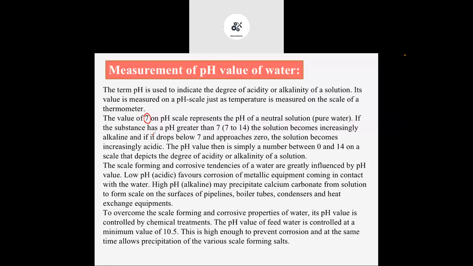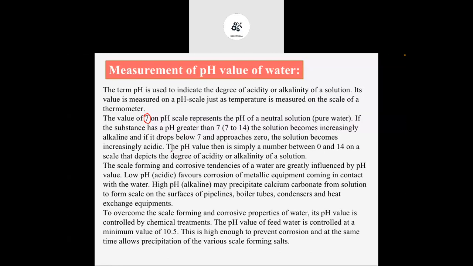If the pH value of a solution is between 7 and 14, greater than 7 and up to 14, we consider the solution alkaline. As the pH value increases from 7 to 14, the solution becomes increasingly alkaline. If the pH value drops below 7 toward 0, the solution becomes acidic. That's how we can classify the type of solution.